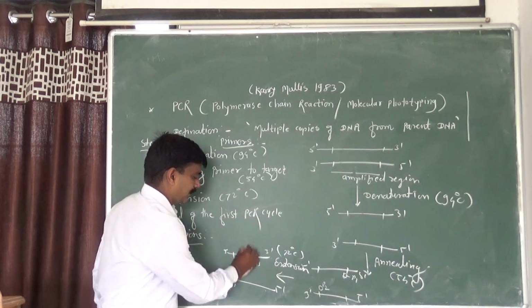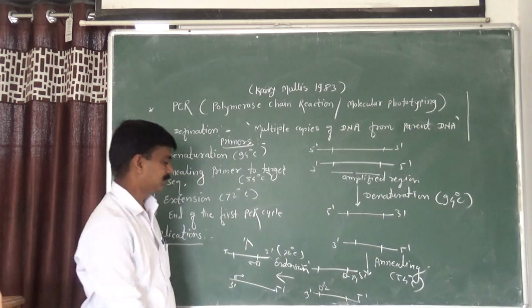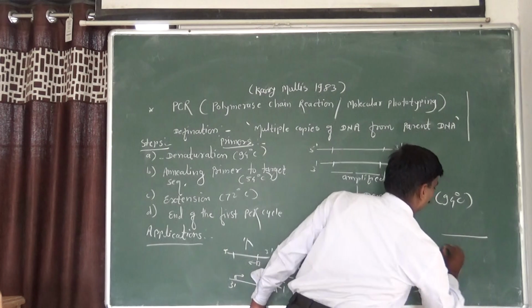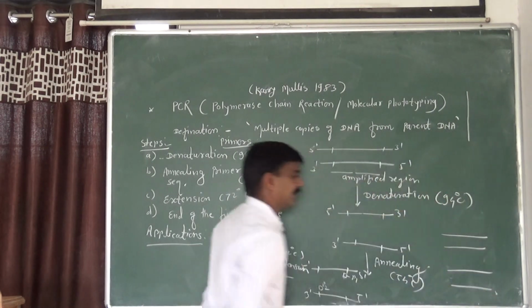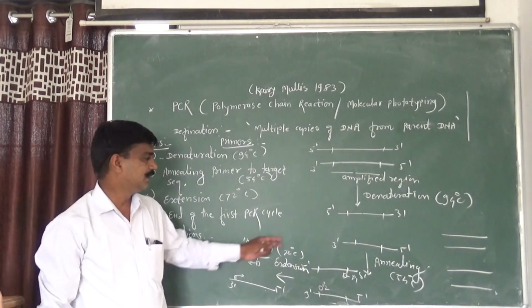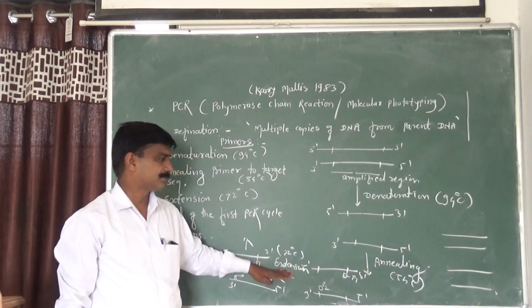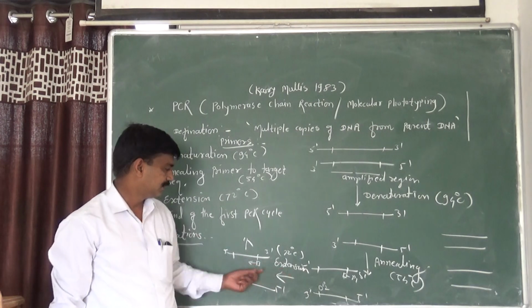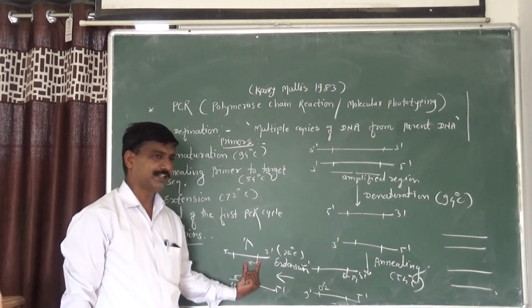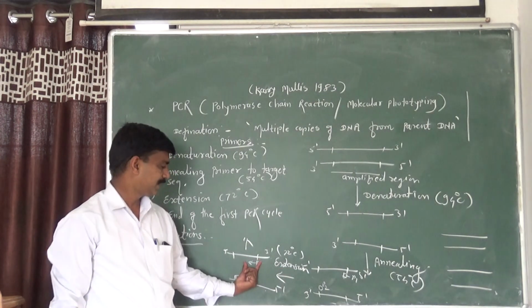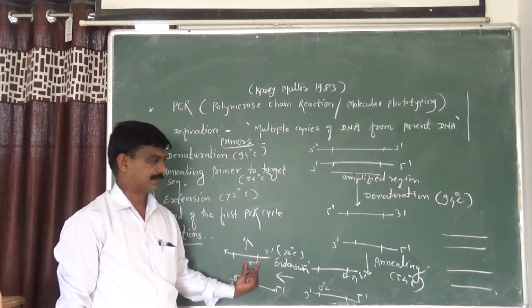After extension, two different strands are formed during the PCR technique, two strands newly formed according to the old strand.